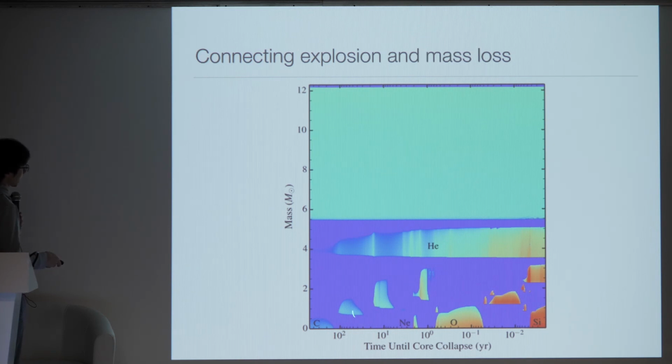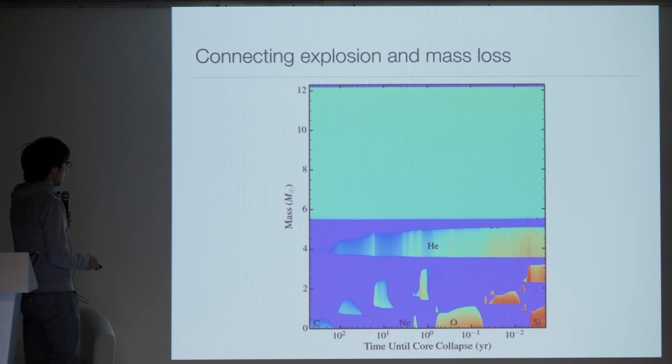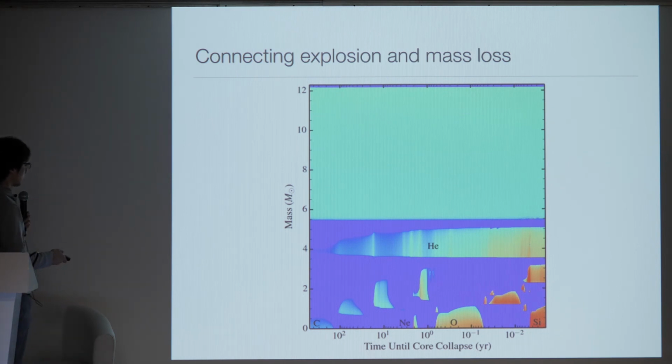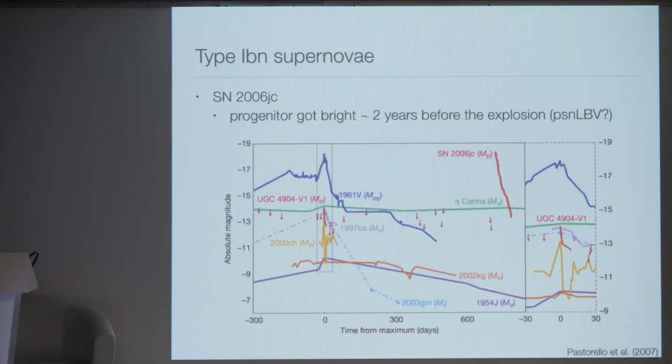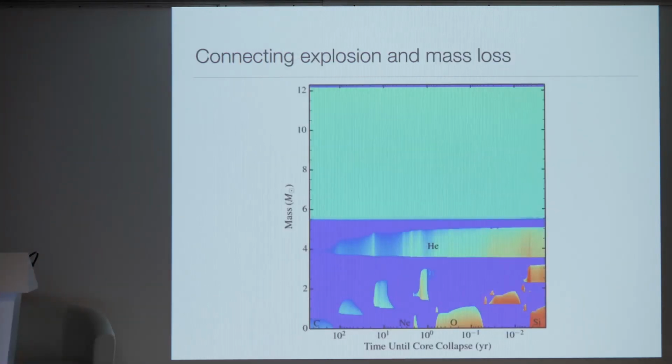But somehow, this evolution at the center is affecting the surface evolution. And as I showed before, in some cases in the 2 years before the explosion, some brightening was found, and that probably corresponds to central neon ignition and so on. But again, this is happening at the center, and how this will affect the surface mass loss is another question.